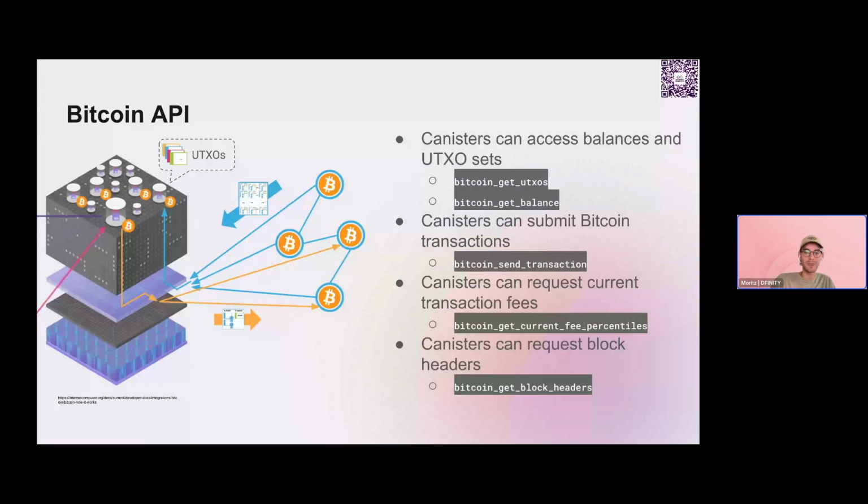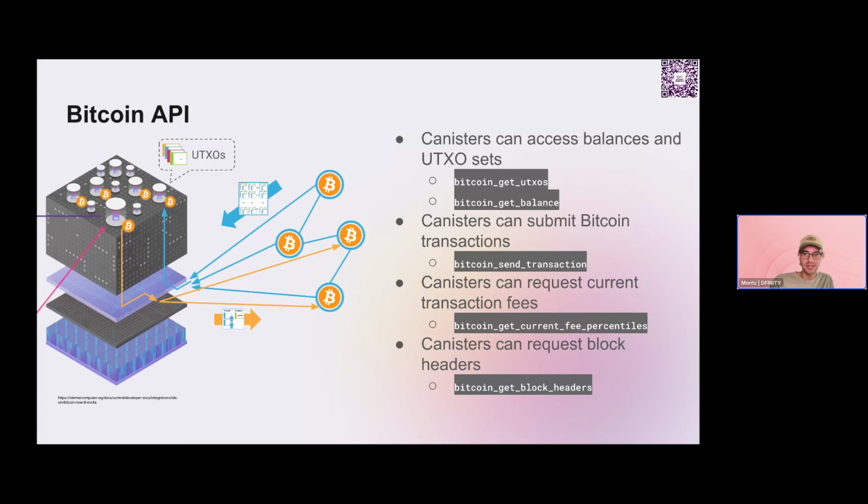And that's pretty nice, because that gets your transaction distributed in the network fairly quickly, because every replica in the internet computer that runs this Bitcoin adapter picks a random subset of the nodes in the Bitcoin blockchain. So it gets distributed very nicely. And that is the Bitcoin send transaction endpoint.